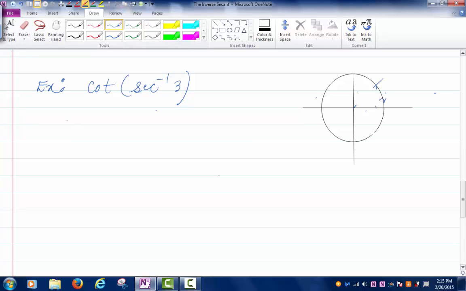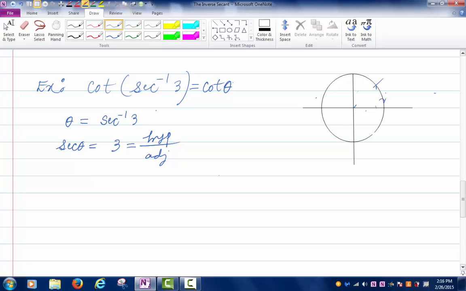So here, as usual, you take theta to be secant inverse of 3, which tells you secant theta is 3, and we know that secant is hypotenuse over the adjacent. So what is cotangent of secant inverse of 3? It is cotangent of theta, right? Because I took theta to be secant inverse of 3. So what is cotangent of theta?